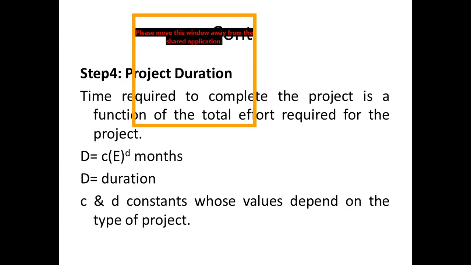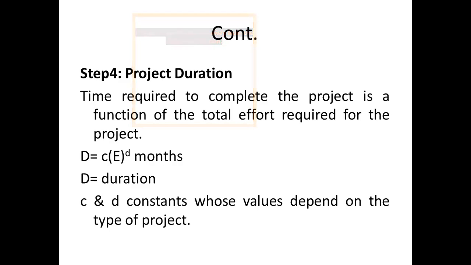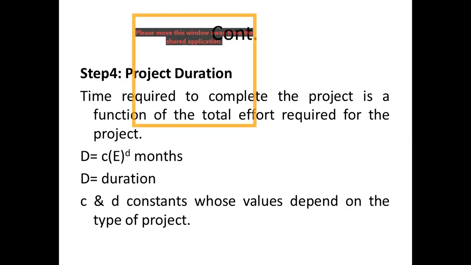Likewise, as with the values of constants A and B, similarly we can choose the values of C and D from the table. We have already checked the nature of the project, so it is very easy to choose the values of C and D.